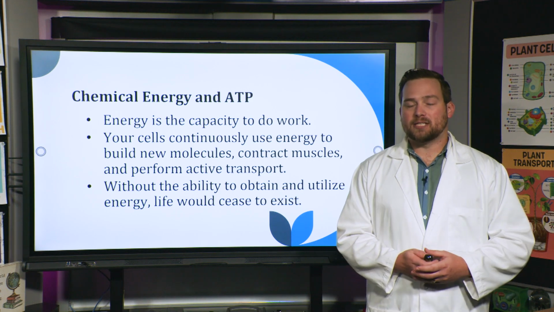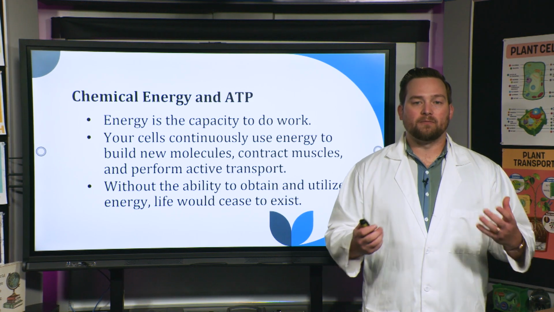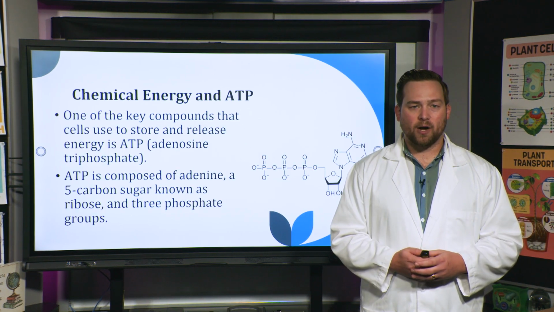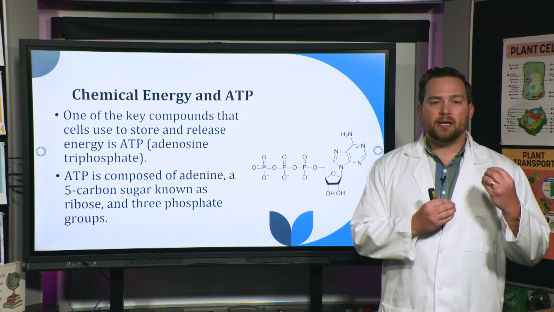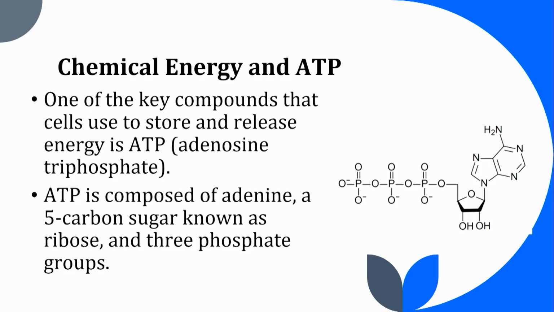So let's dive into this in a little bit more detail and figure out what is ATP anyway. Well, one key compound that cells use to store energy is in the form of ATP. What does ATP stand for? It's a long scientific word that means adenosine triphosphate. Now that sounds confusing, but let's focus on the second part of that word, triphosphate.